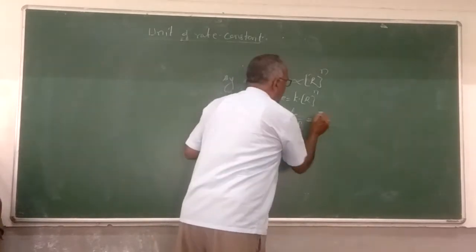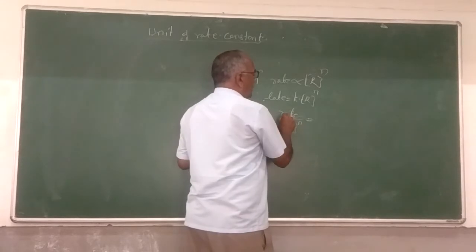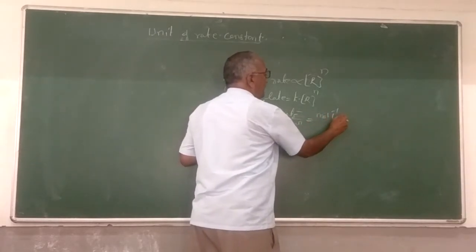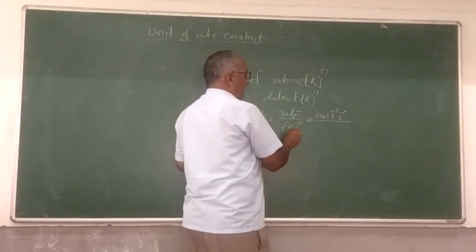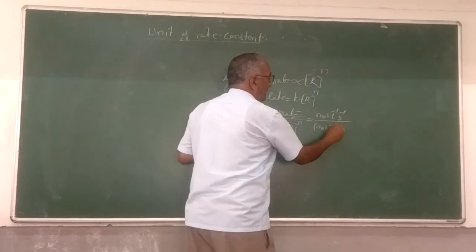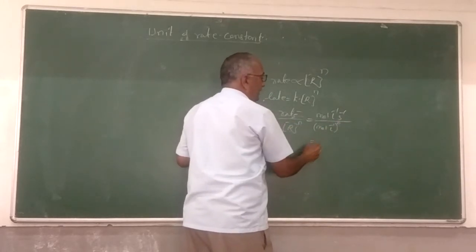If you put n equal to 0, the unit of rate is mole per liter per second, and the unit of concentration is mole per liter raised to 0, because n is 0 for a zero order reaction.